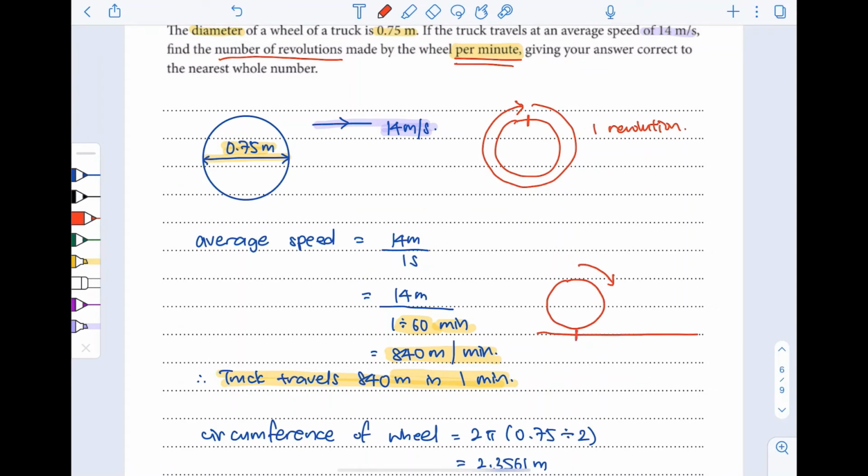imagine this is the start point. If it continues to roll, the entire wheel will gradually touch the floor as well.